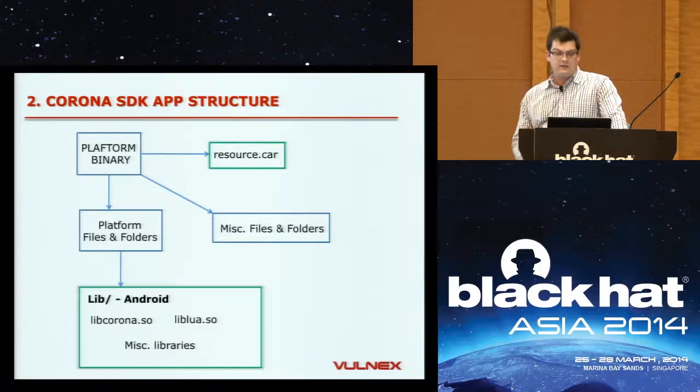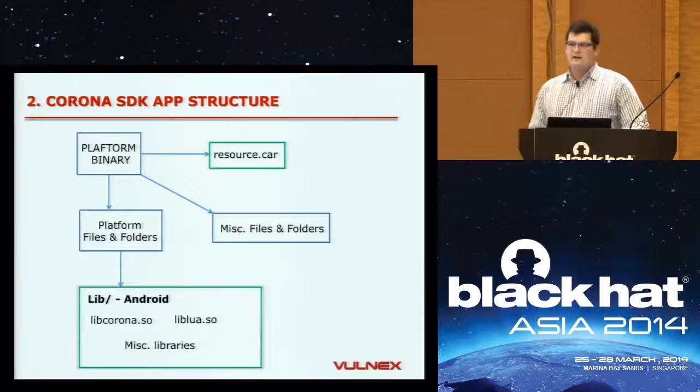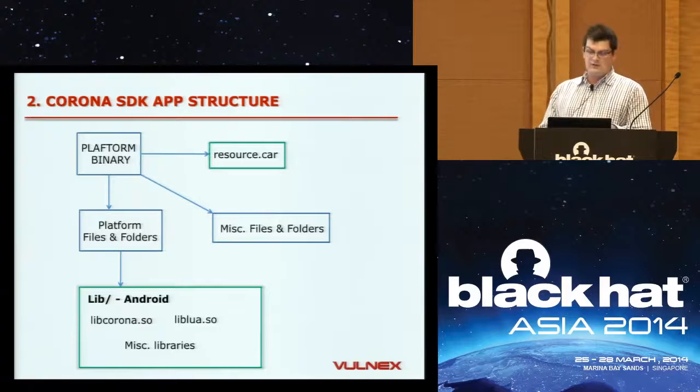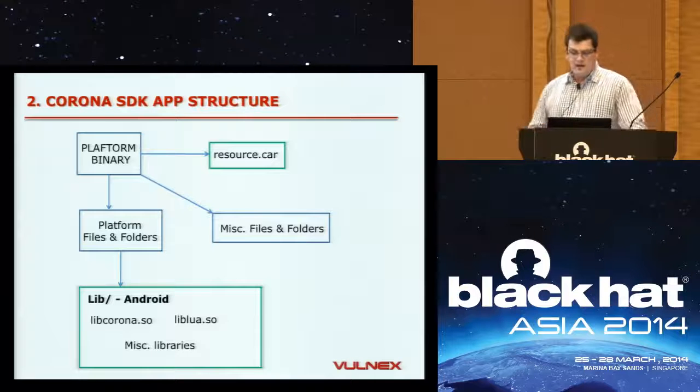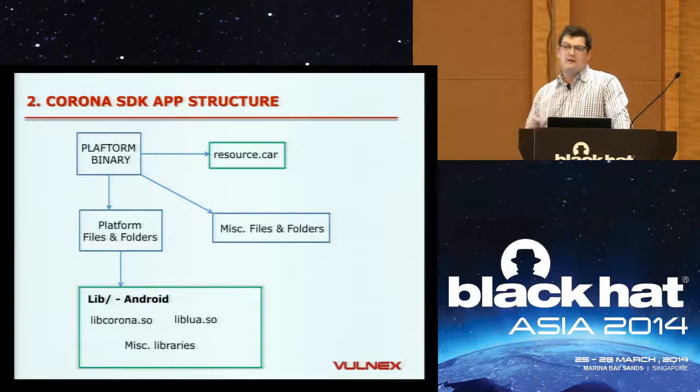And in the case of an Android application, for example if we are using Corona in Android, we also get another folder, the lib folder. Here we have the lib Corona library and the lib Lua library. You can see those at the bottom, and this only applies to Android. This is what the Corona framework needs to run Lua applications in Android.